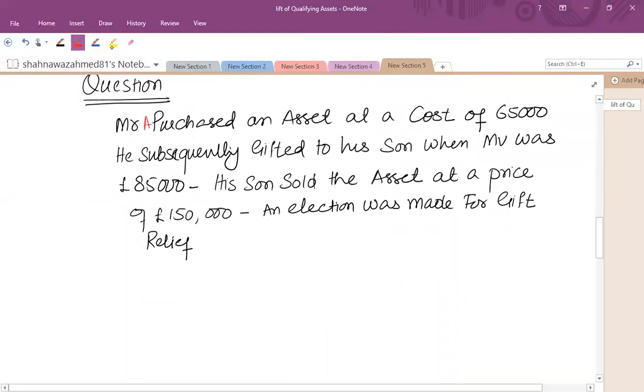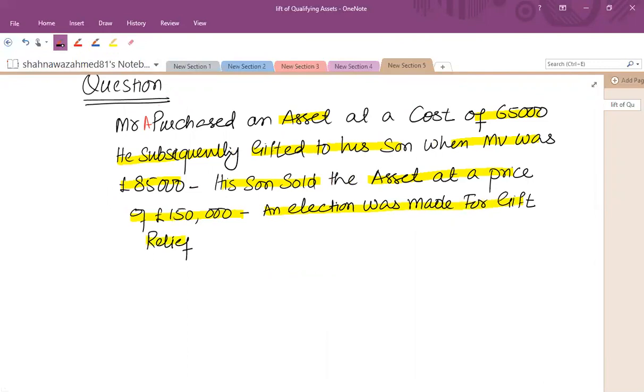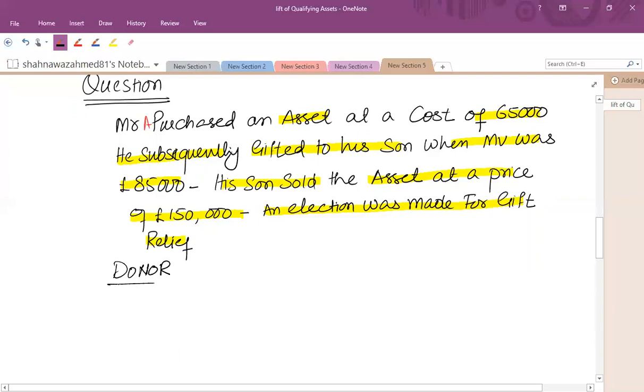So, Mr. A purchased an asset at a cost of 65,000. He subsequently gifted this asset to his son when the market value was 85,000, and his son sold it at a price of 1,50,000. An election was made for gift relief. From the donor's point of view, first of all, let's calculate the gain. The market value is the sale proceeds, so the market value is 85,000.